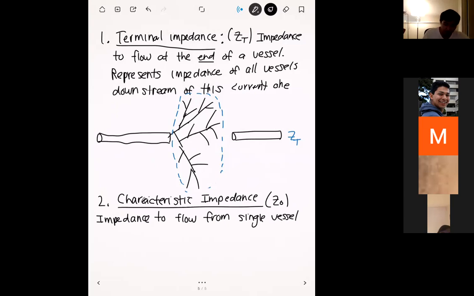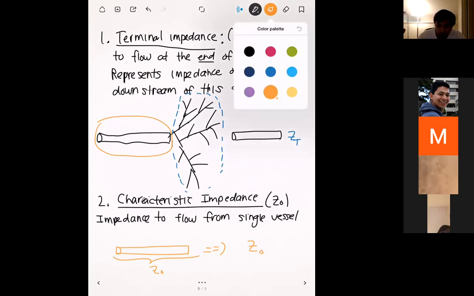In the figure above, we're worried about everything downstream, but this vessel itself, just by the nature of there being viscosity in here, is also going to impede some flow. To summarize the impedance to flow of a single vessel, we can sum that up into a single number, Z naught. That's why on the previous page I labeled Z naught as something that encompasses this entire vessel right here, because that's what it represents.